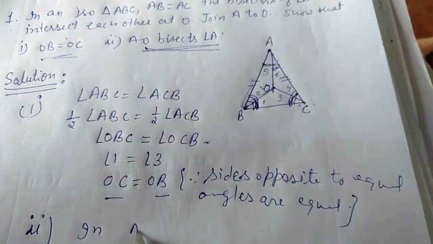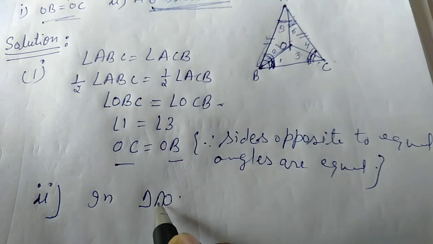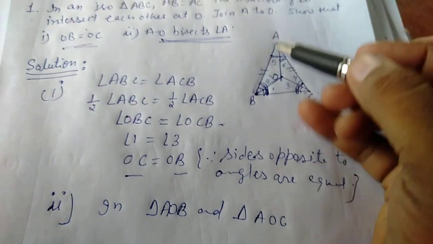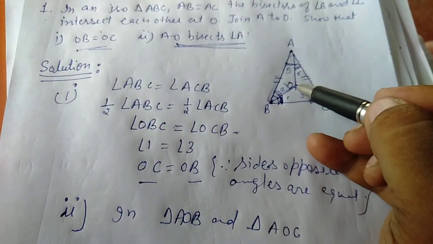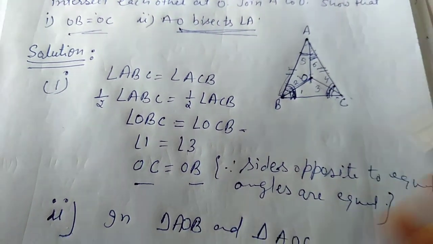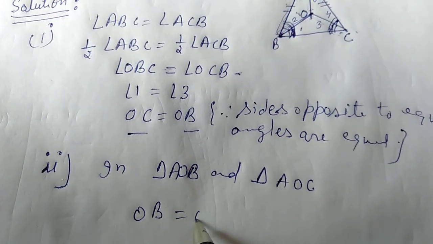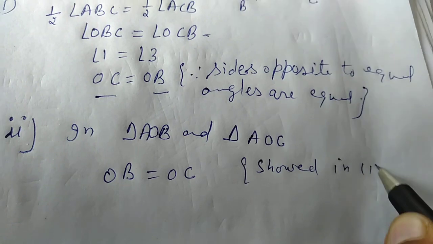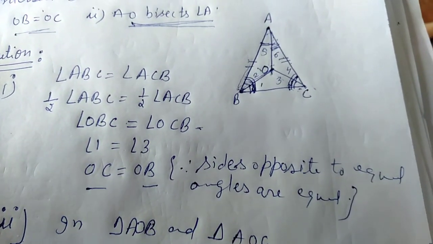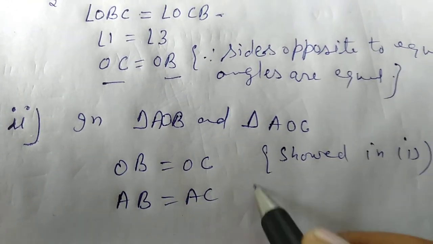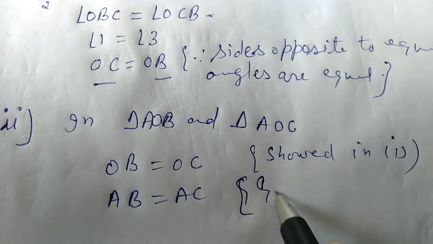In triangle AOB and triangle AOC, I am taking these two triangles. In these two triangles, you see OB equal to OC, we have already shown in the first part. And also we can write AB equal to AC, that we have given, because this is an isosceles triangle.